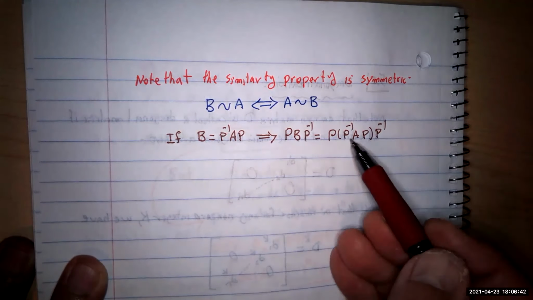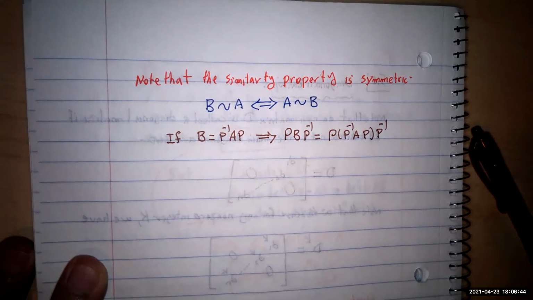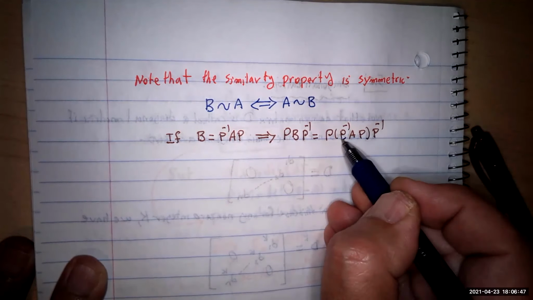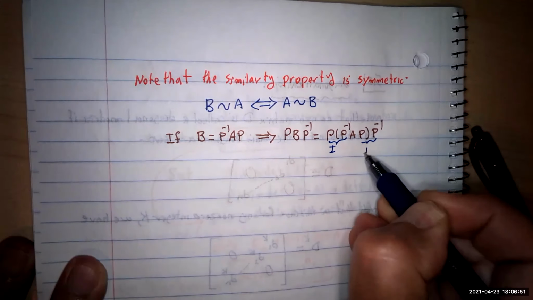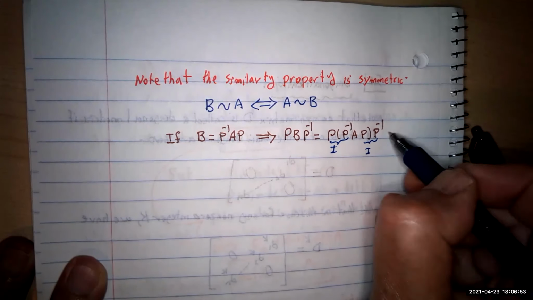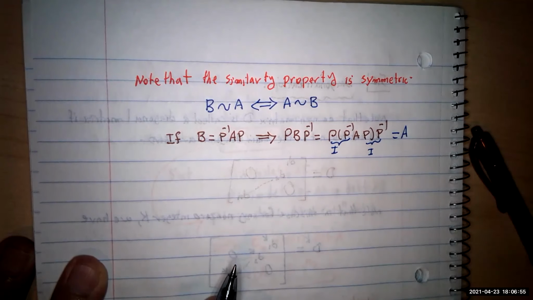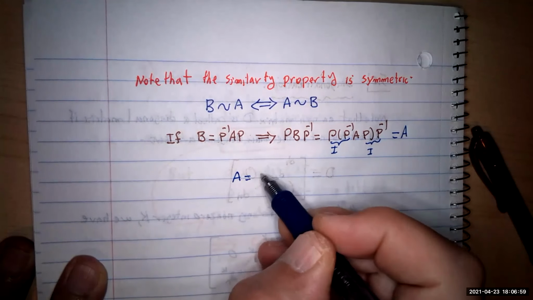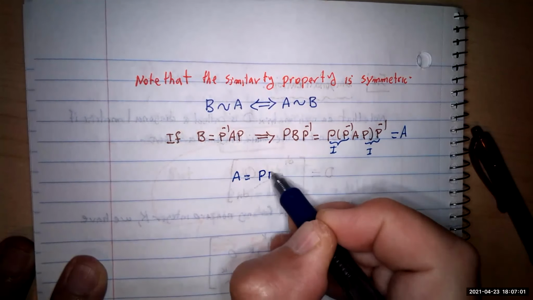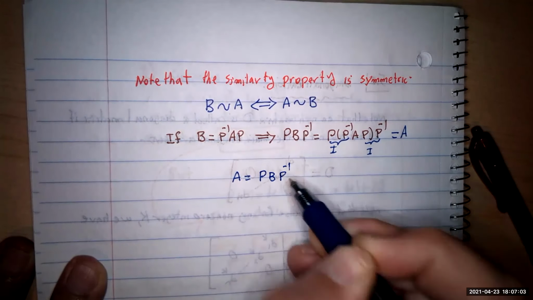So if you put these together, the P P inverse would disappear, and this would be I. So the result simply is A. So you get the fact that A is equal to P B P inverse.